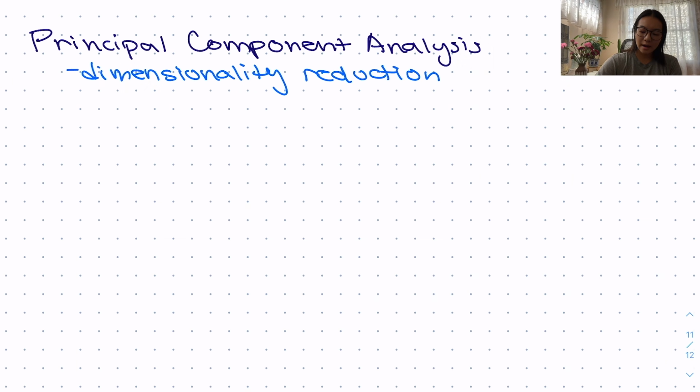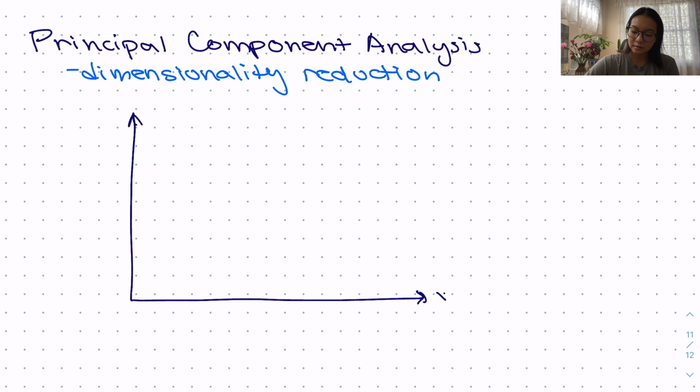Let's say I have some points in the x0 and x1 feature space. Okay, so these points might be spread something like this.